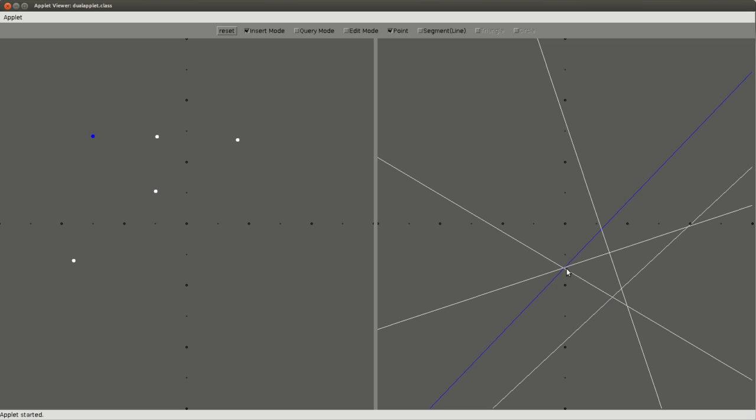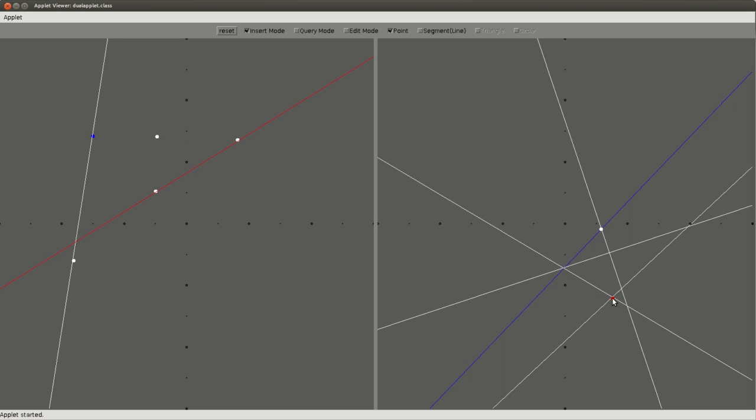An ordinary line in the primal space corresponds to an ordinary point, and it's a point where only two lines intersect. For example, that is an ordinary point, whereas this one is not an ordinary point because it passes through three points in the primal space.